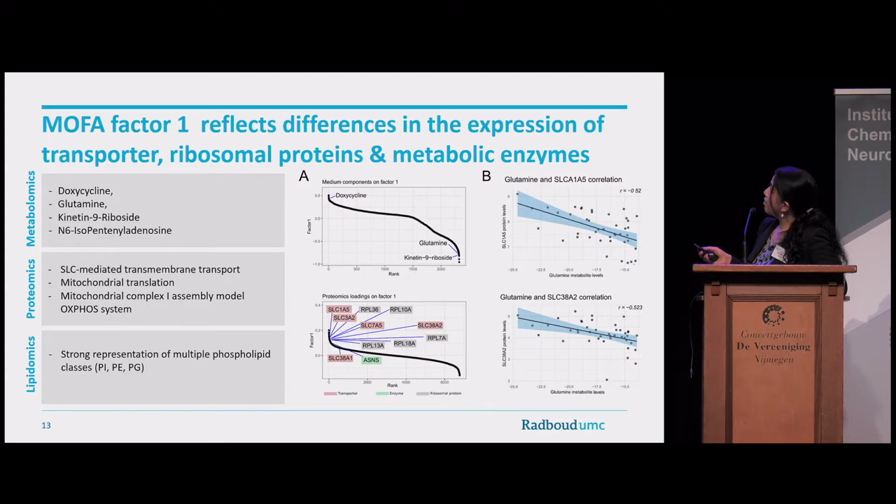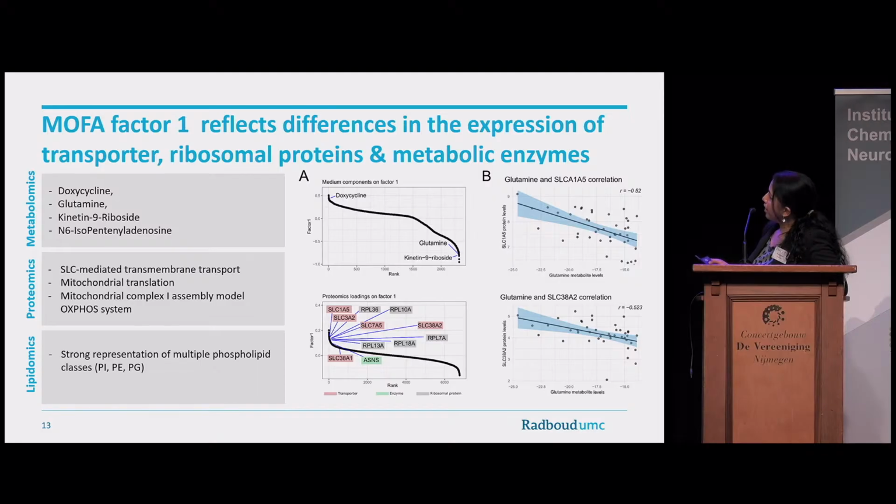Then we also started looking into the proteomics data, wherein you will see that a lot of transporter proteins are highly enriched, or have top weights, as well as ribosomal proteins and also an enzyme, which is ASNS here.